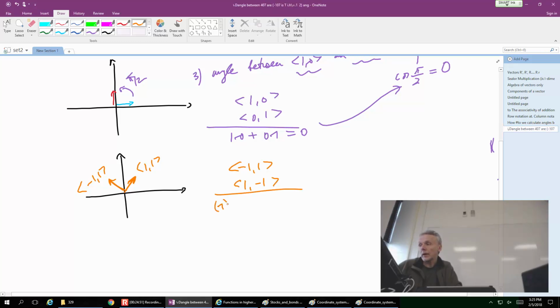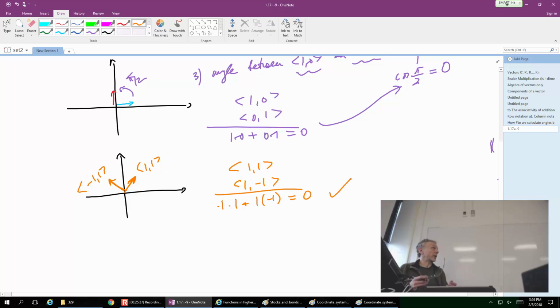Negative 1 times 1 plus, hold on a second, I have an extra minus, I'm sorry, right here. I don't need a minus here. So 1 times negative 1 plus 1 times 1 is 0 again. Okay, so once again it works out.